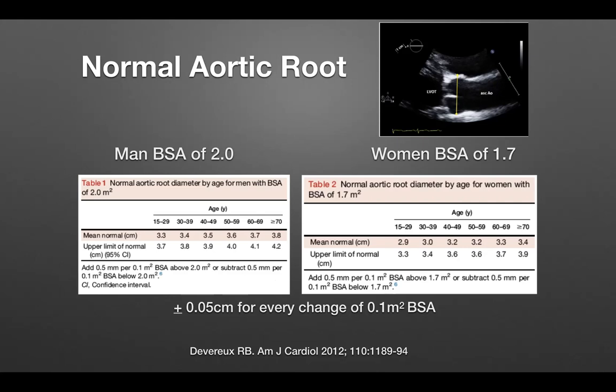But a 70-year-old man, a 3.8 centimeter aortic root or sinus of Valsalva is normal, with the upper limits of normal being 4.2. For a female who is greater than 70, the mean is 3.4, with the upper limits, if she has a BSA of 1.7, the upper limits is 3.9.